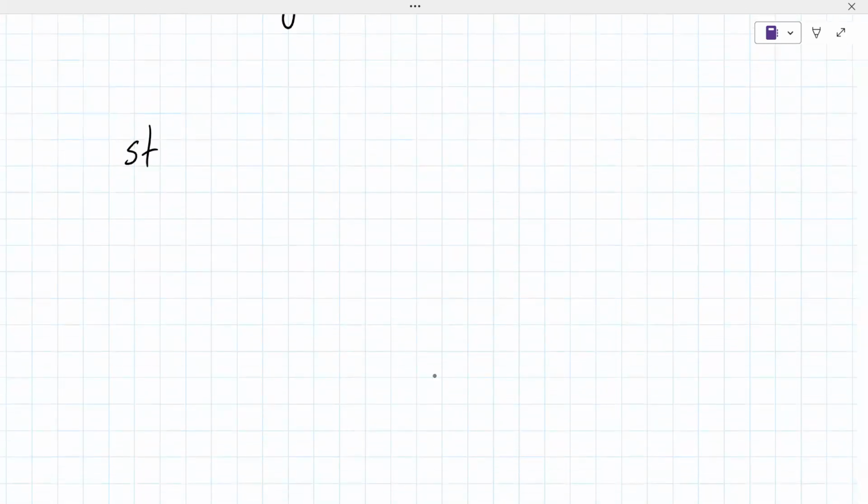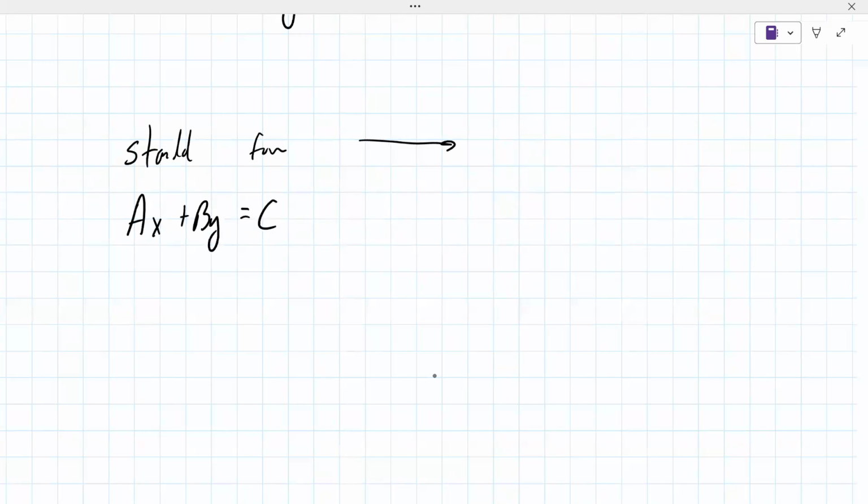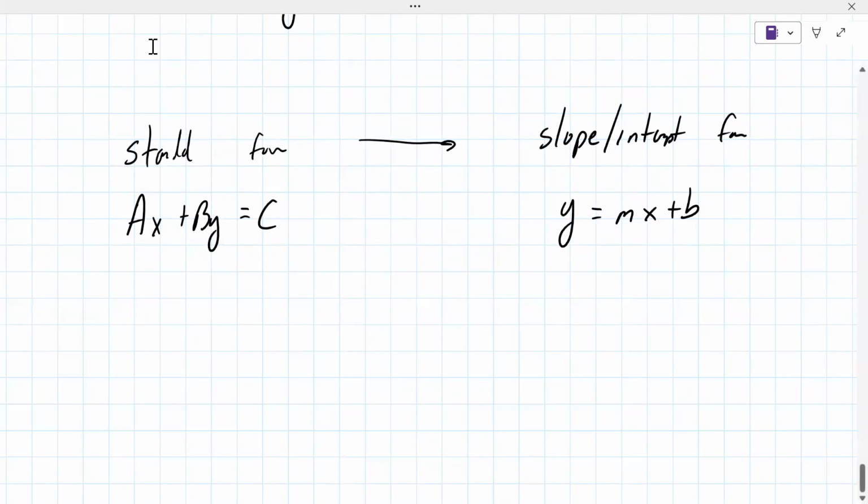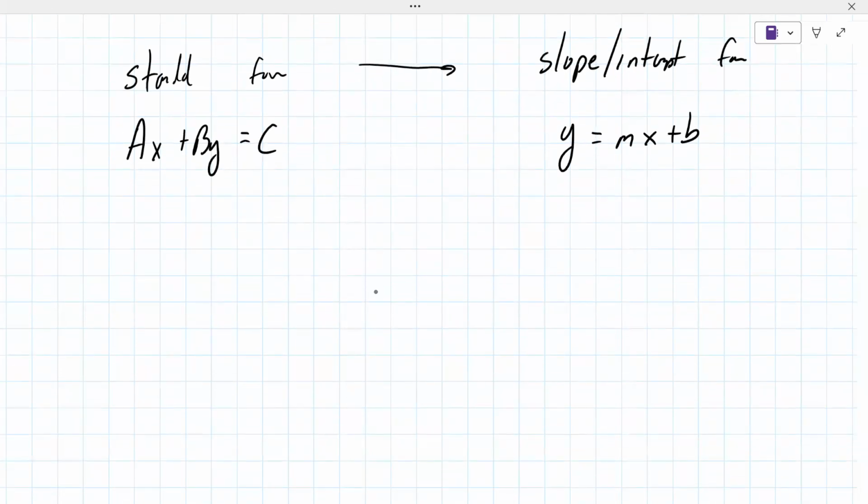It's to be able to take a line from standard form, the ax plus by equals c form, and put it into y equals mx plus b form, slope-intercept form, because we want to be able to extract the slope. Is that okay? All right, so I'd like you to try the following.